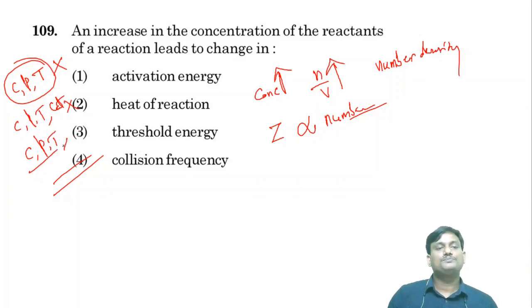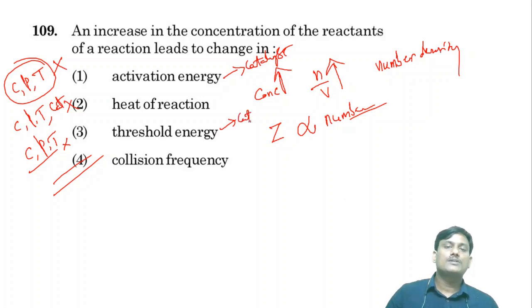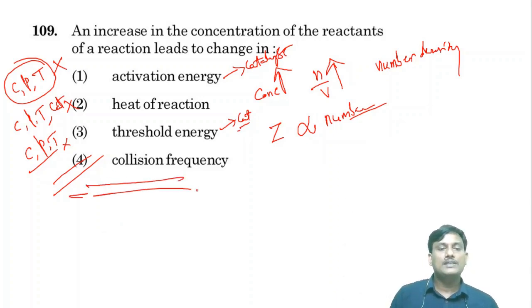But activation energy depends on catalyst. In the presence of a catalyst, there is a change in activation energy. Threshold energy also can be changed in the presence of a catalyst. So what is the answer? Collision frequency increases as the concentration increases. Which one will be changed? Collision frequency. Fourth one is the option.